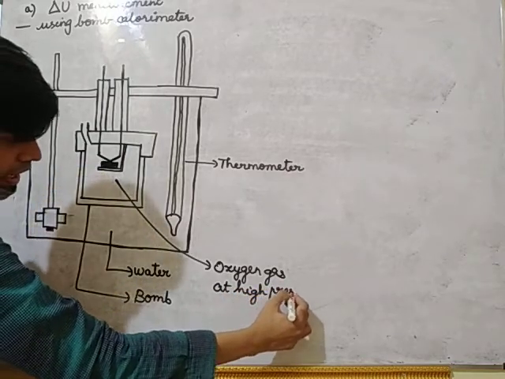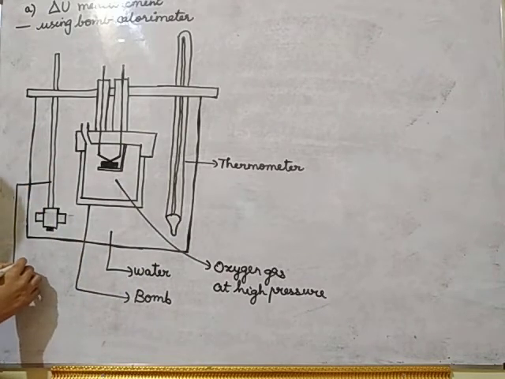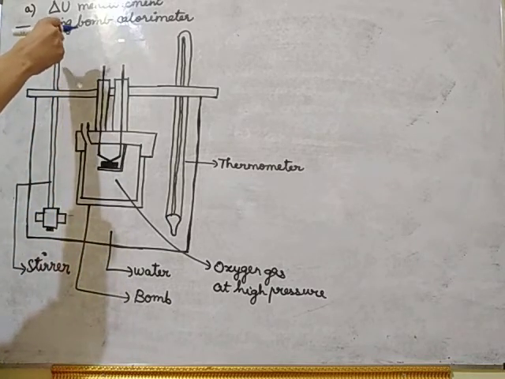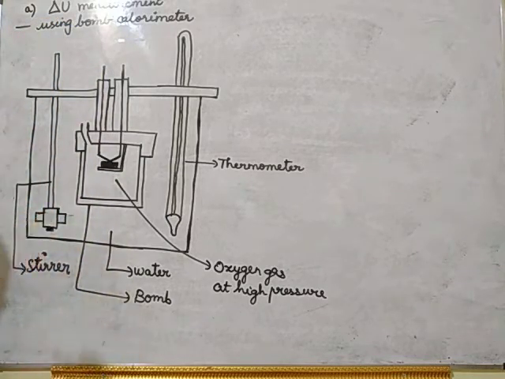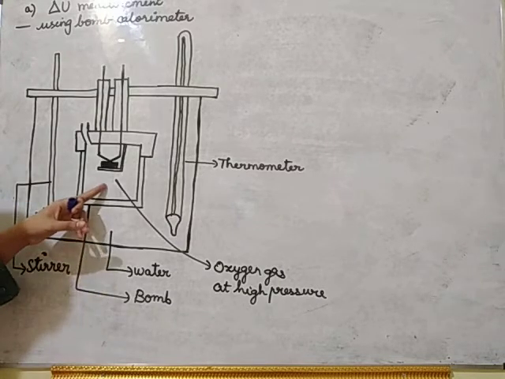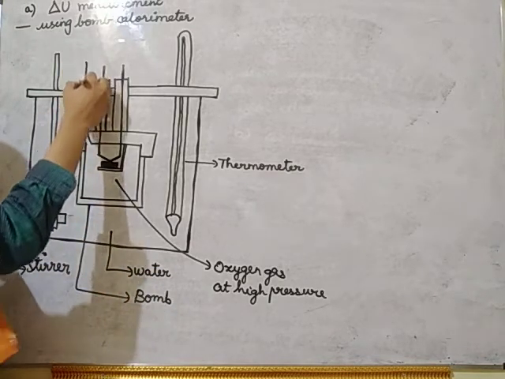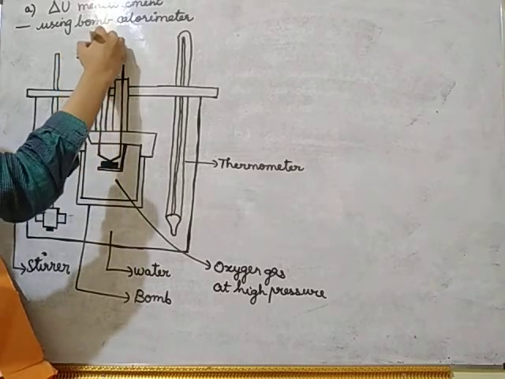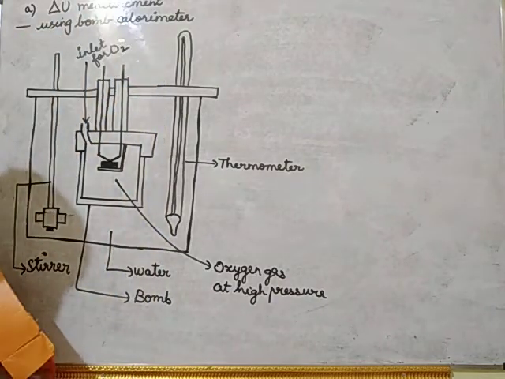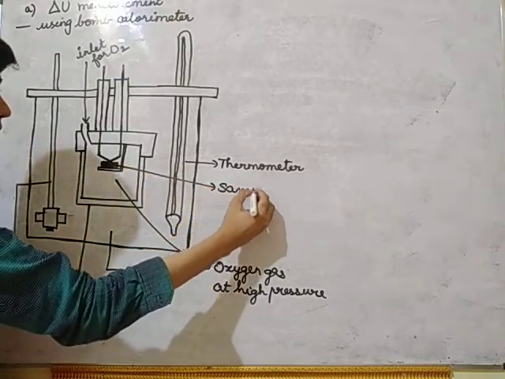This is the stirrer for mixing the water. You just have to rotate this, and it will stir the water. Stirrer, bomb. Here you have oxygen gas under high pressure. This is the inlet for oxygen gas. And here you have to place your sample.